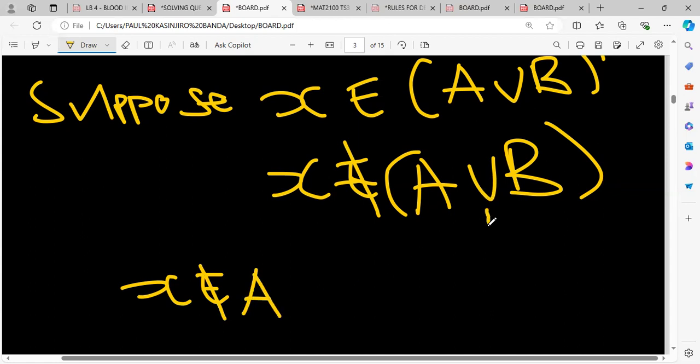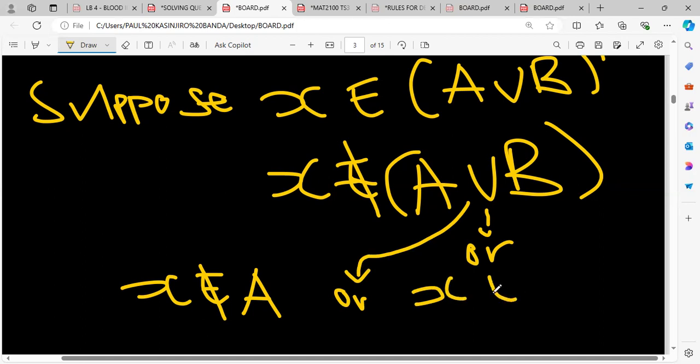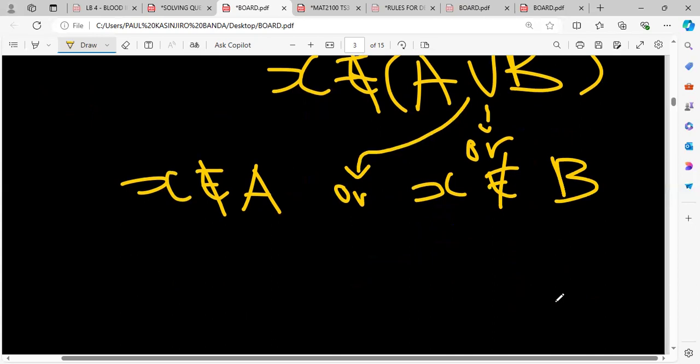The union in words means or, and the intersection means and. So if I have union there, I'm going to say X is not a member of A, or, where this or is the union that I've put there, then I'm going to say X is not a member of B. Okay, so this is what I will have there. I hope you're following. If you're not, please don't hesitate to ask.